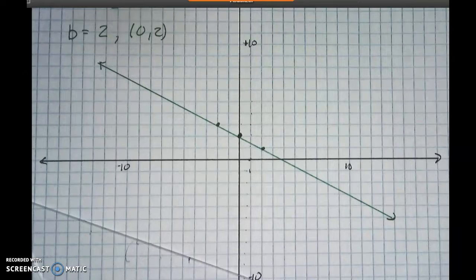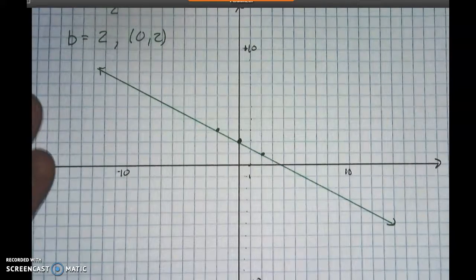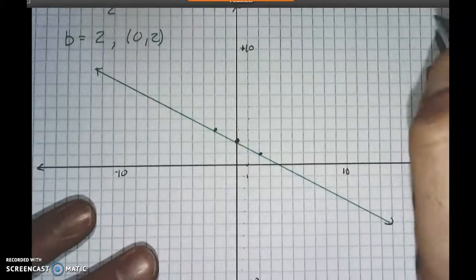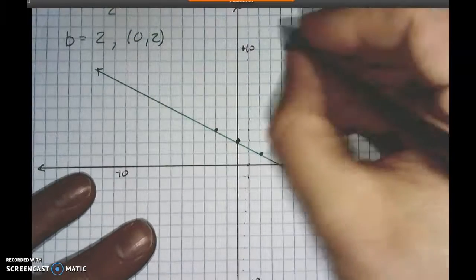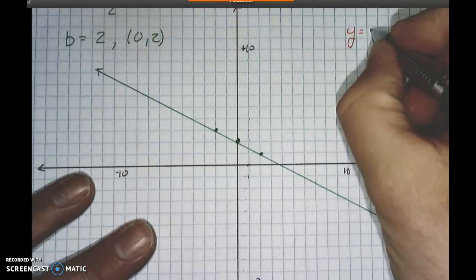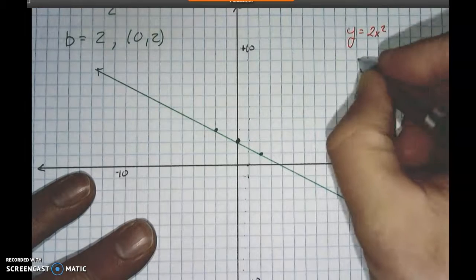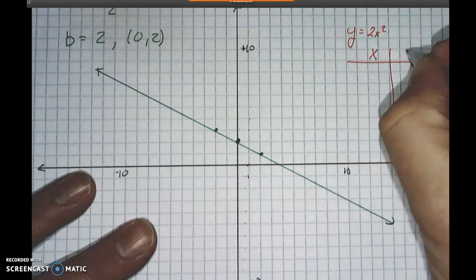All right, now for my quadratic, I'm going to put it here. I'm just going to make kind of a T-chart, okay?